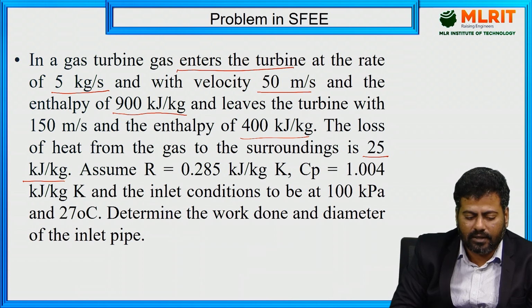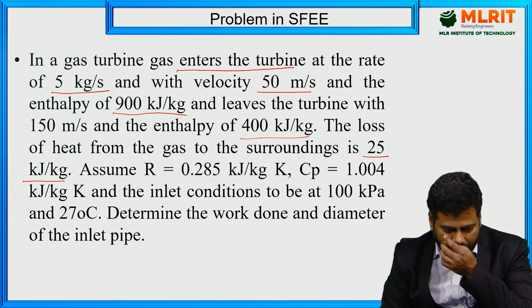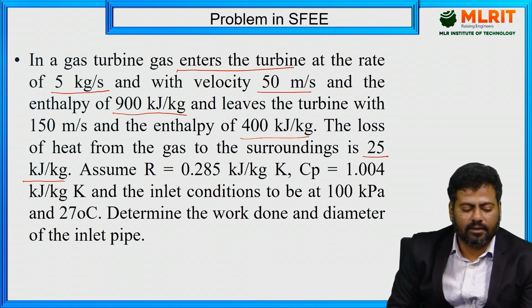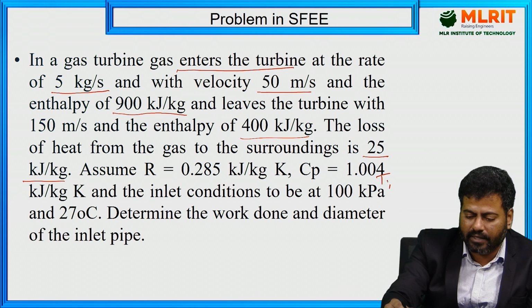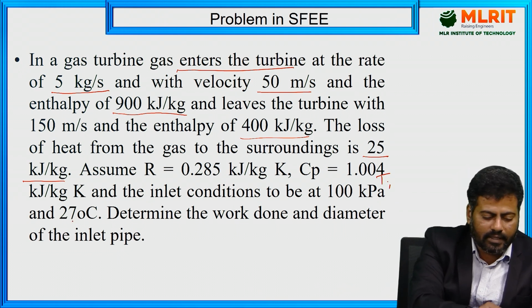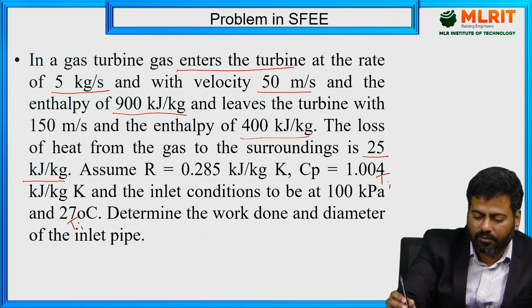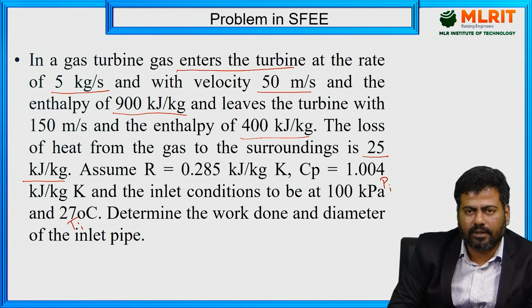The inlet conditions are 100 kilopascal and 27 degrees Celsius. So the inlet temperature is Ti, which is 27 degrees Celsius, and the pressure is Pi, or P1, no problem. The inlet conditions are given.